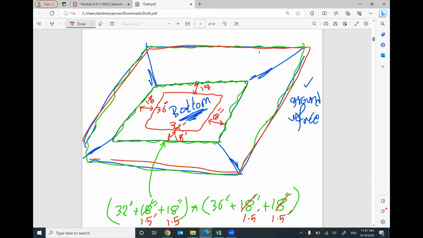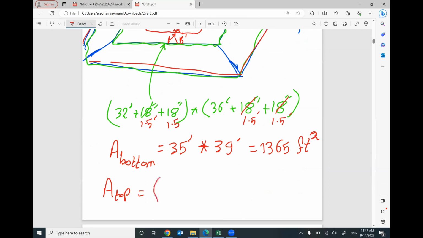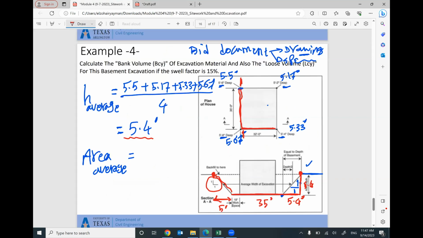So the top area will be 35 feet plus 5.4 plus 5.4 feet times 39 plus 5.4 plus 5.4. Keep in your mind, we are adding 5.4 from this side and 5.4 from the other side also. So the top dimensions of the excavation, we need to add this length 5.4 and the 5.4.